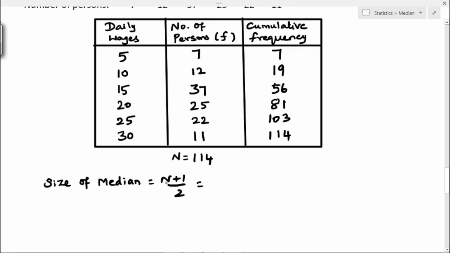So here we use capital N, the total. 114 plus 1 divided by 2 is 115 divided by 2. The answer is 57.5.